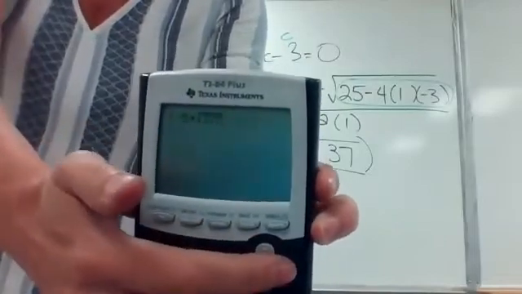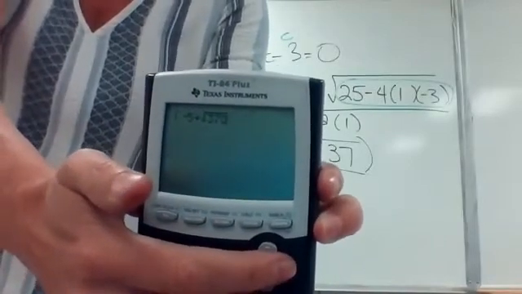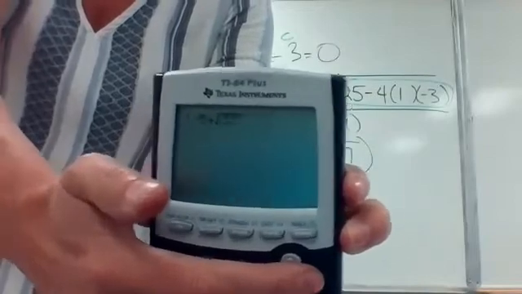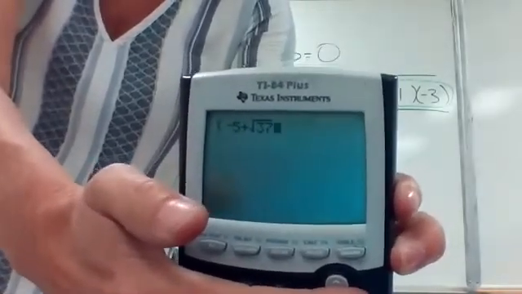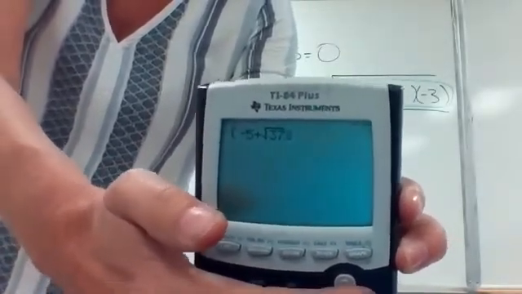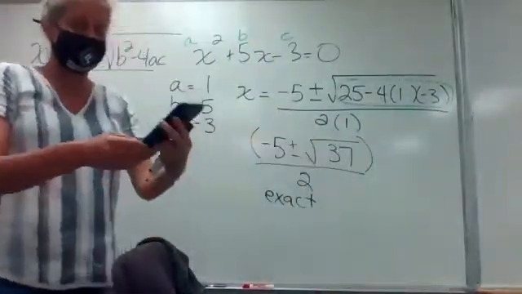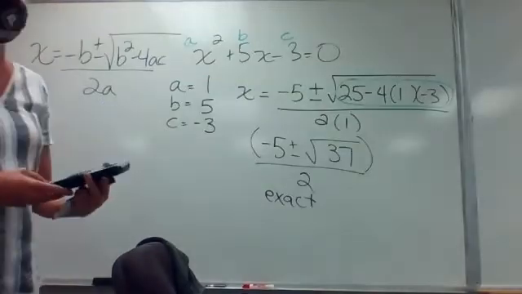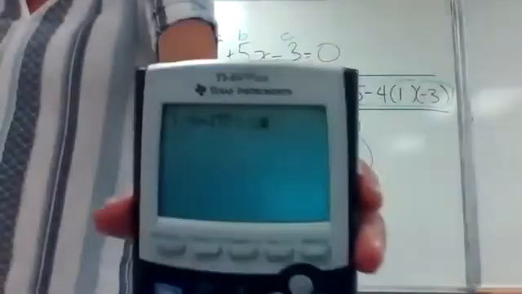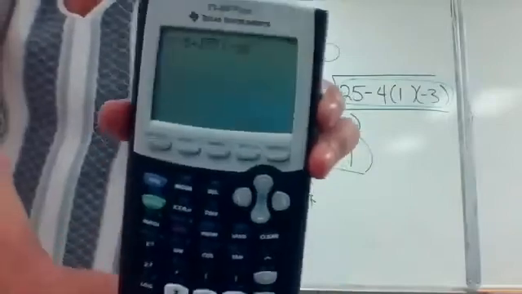You do that by hitting your right arrow. Once I hit the right arrow, that says, okay, I'm done typing the square root. So then you put your closed parenthesis, and then you just hit divided by 2. And then hit enter.